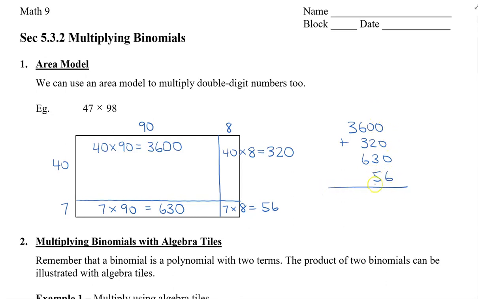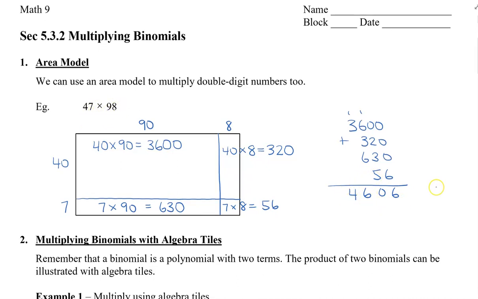We just have to add all four of these numbers together. So we get 6, 5 is 10, carry the 1, 6, so 12, 13, 14, 15, and then 16. Carry that one, and then 3 plus 1 is 4. So the area of this rectangle is 4,606 units squared, or we also know that 47 times 98 is 4,606 as well.